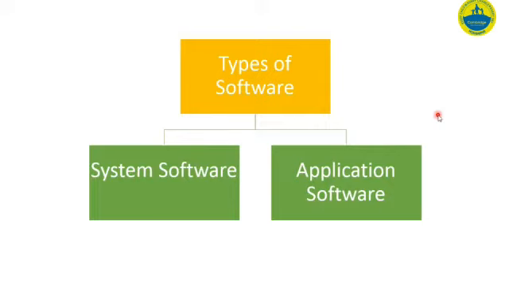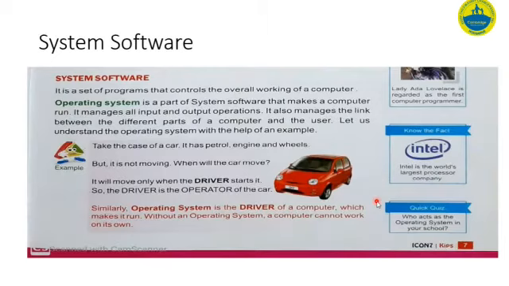The next topic is types of software. There are two types of software: system software and application software. Let's discuss system software first. In the last chapter, we discussed the operating system. So what is an operating system? An operating system is software which controls the overall working of the computer.